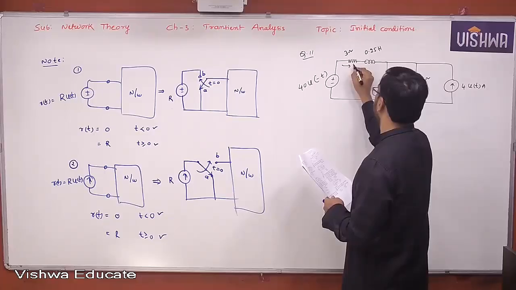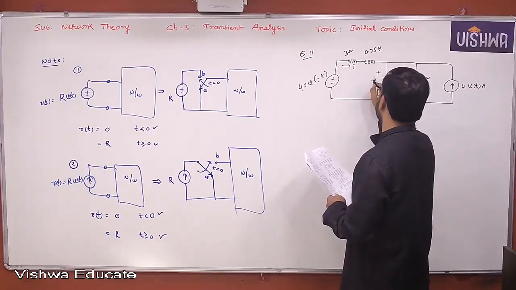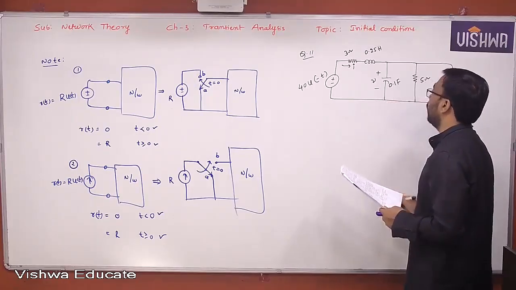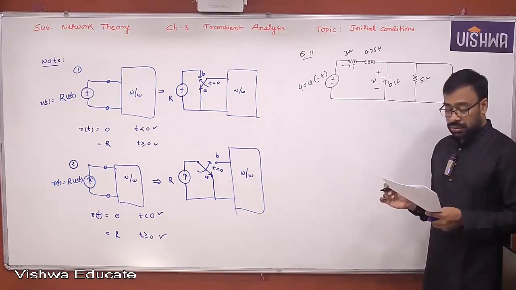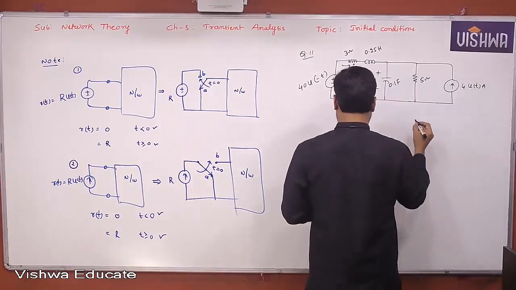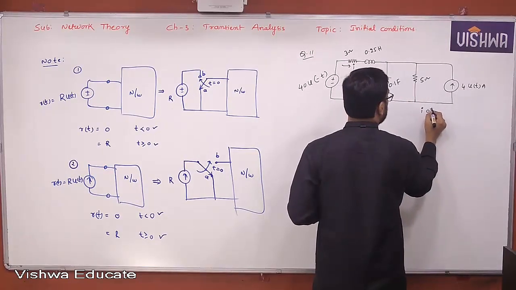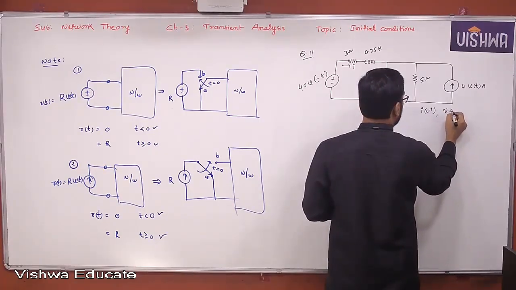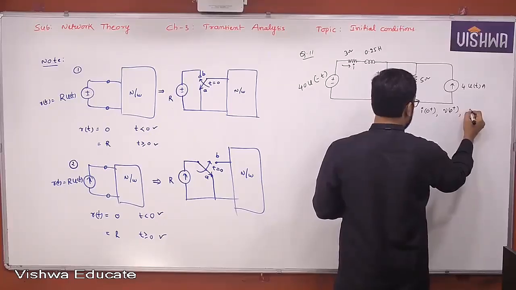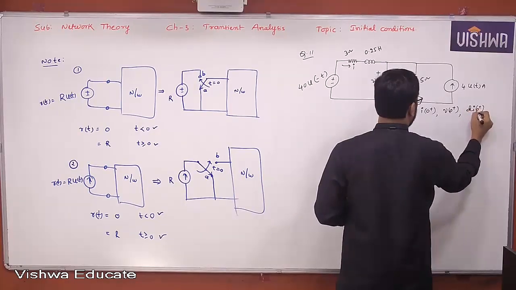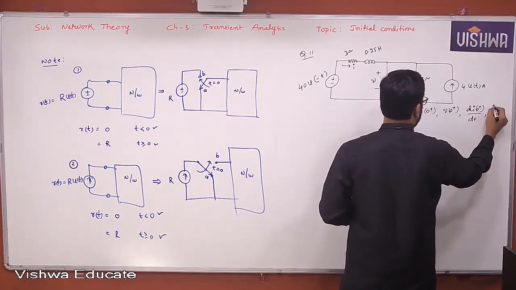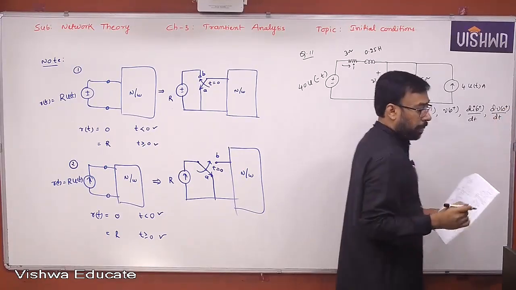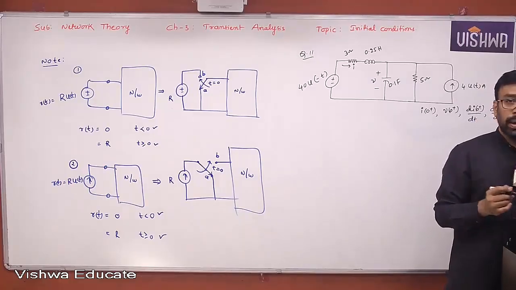This is I, this is V. Now, here it is asked to find I of 0 plus, V of 0 plus, dI of 0 plus by dt, dV of 0 plus by dt.